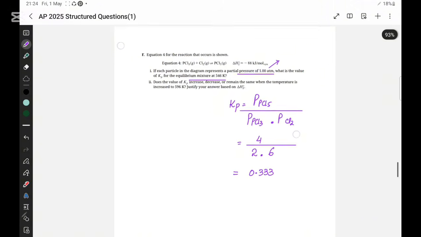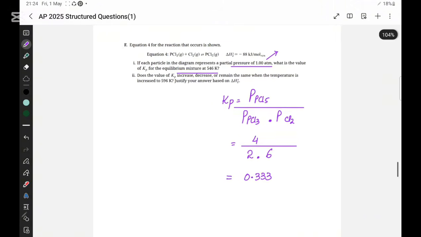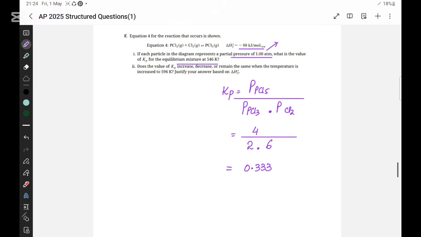Now they are saying, does the value of Kp increase, decrease, or remain the same if the temperature is increased to 596. So forward reaction is exothermic as enthalpy change is negative. So when we are trying to increase the temperature, then what happens?